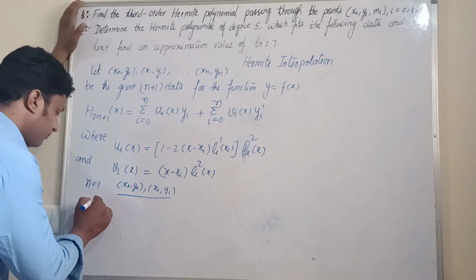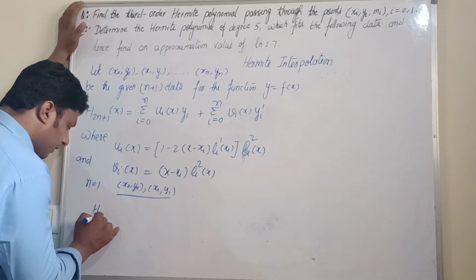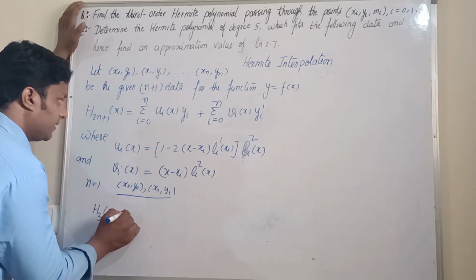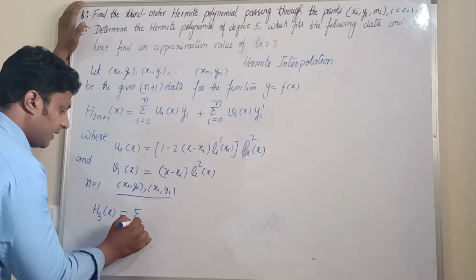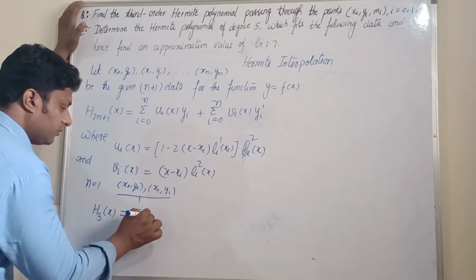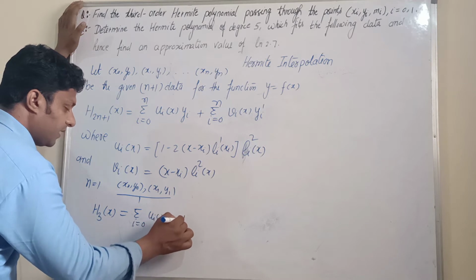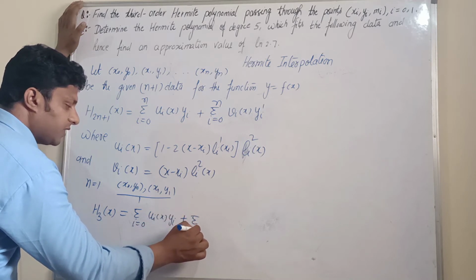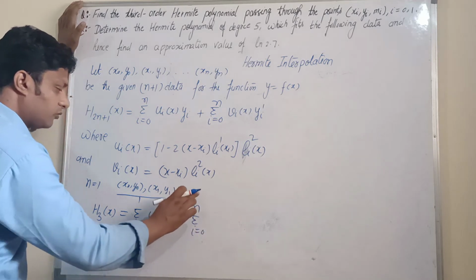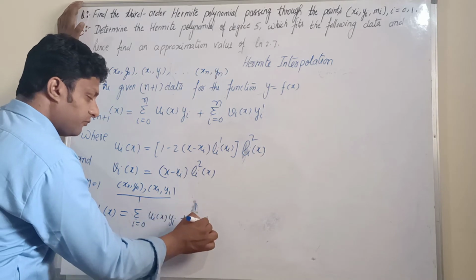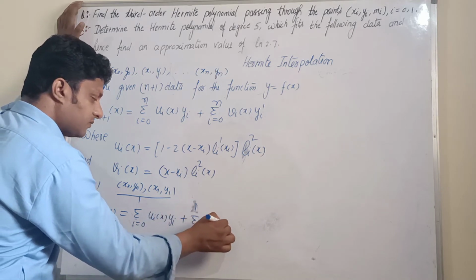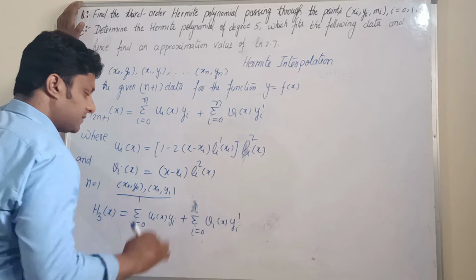So what will be the degree 3 Hermite polynomial? H_3(x) will be summation i runs from 0 to 1 u_i(x) y_i, plus summation i runs from 0 to 1 v_i(x) y_i'(x).